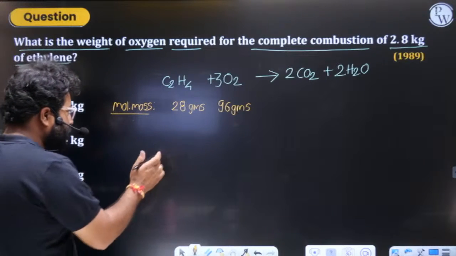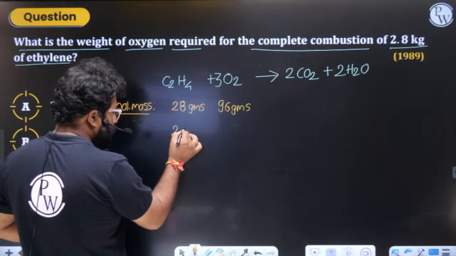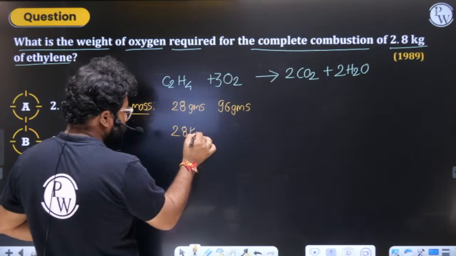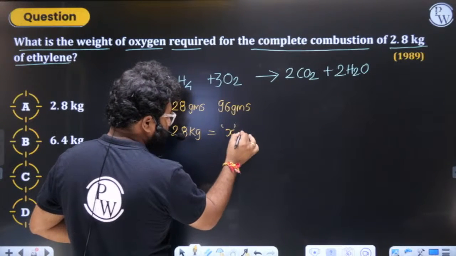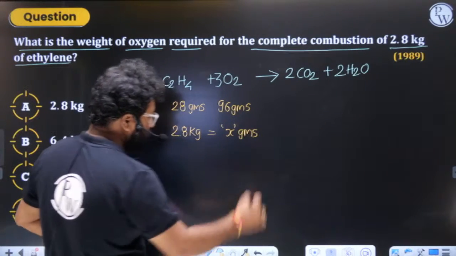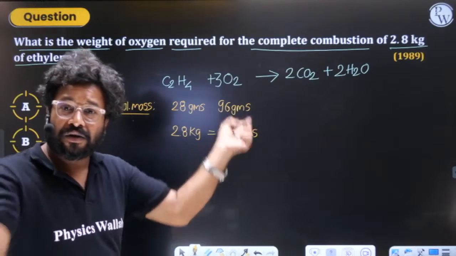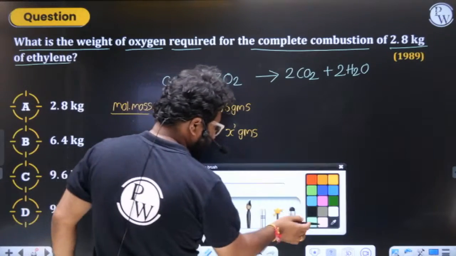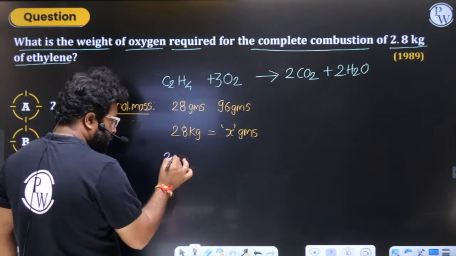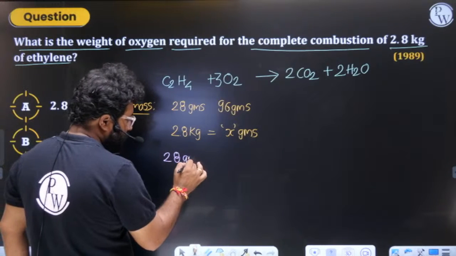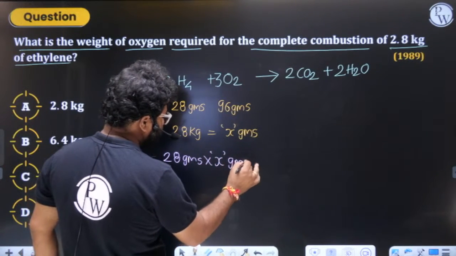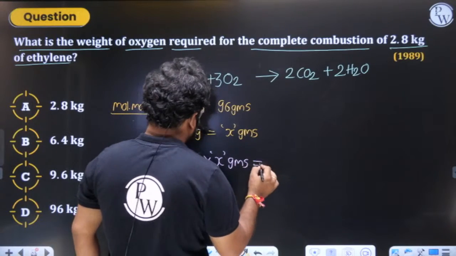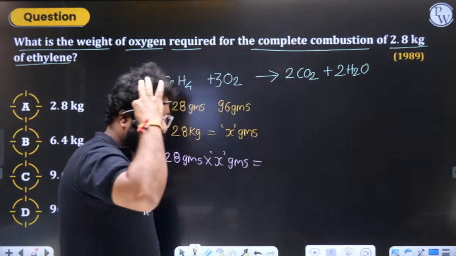It is that straightforward. So 2.8 kg requires X grams of oxygen, right? Cross multiply. 28 grams multiplied by x grams is equal to 2.8 kg.